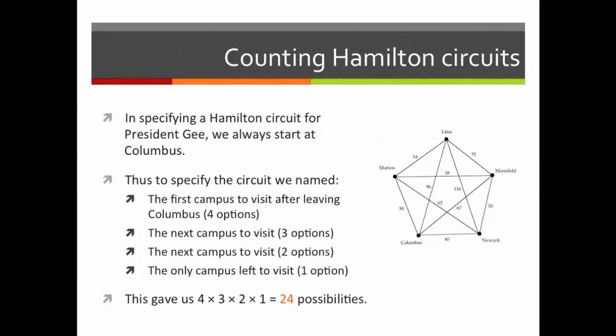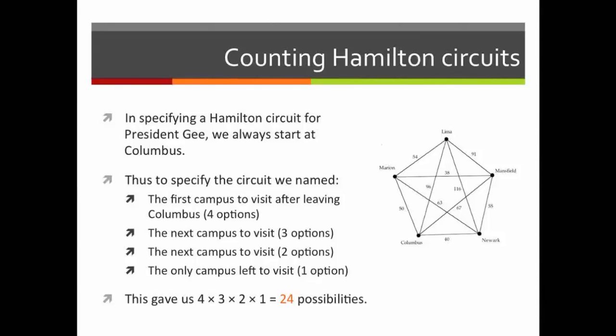And now what are our options? Well, you might say you don't have any options at all, but let's instead say there's one. You've got to go to Marion. That's the one choice you have, and therefore you take it. And then finally, to finish up, you go back to Columbus. Now, as you do this, you're always free to make choices from among the options that are available to you. At first, there are four options.